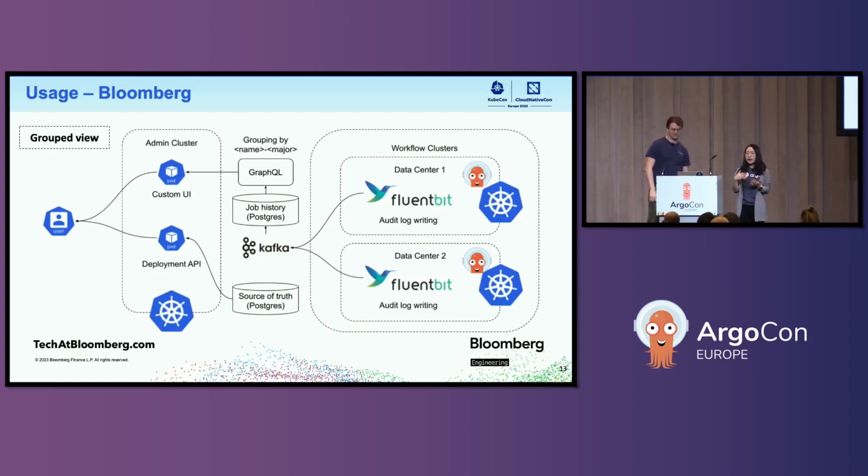And then that ends up in a Postgres database of job history. We also build up a GraphQL layer to serve the select group by queries from the UI. And then a user can also access their source of truth from the deployment API.